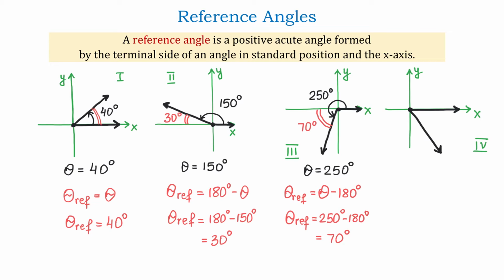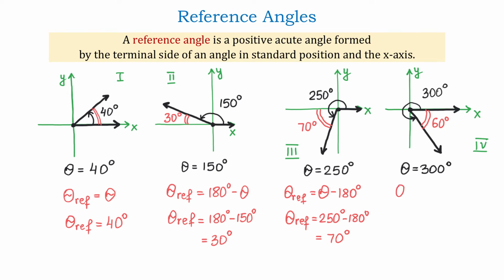We will show the counterclockwise rotation, and the measure of this angle is 300 degrees. Then the reference angle is the acute angle formed by the terminal side and the x-axis. The measure of this angle is 60 degrees. To find this angle, we take 360 degrees and we subtract 300 degrees.